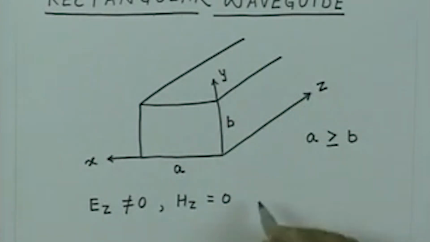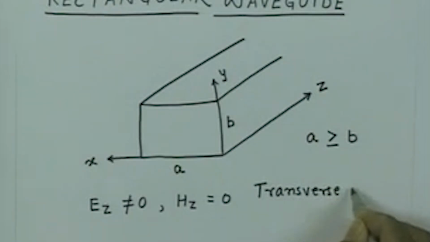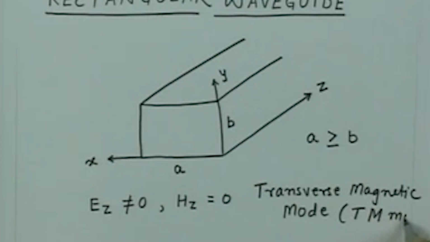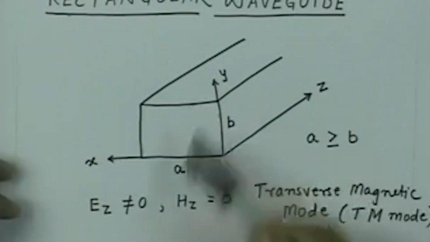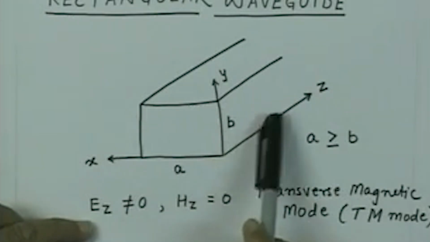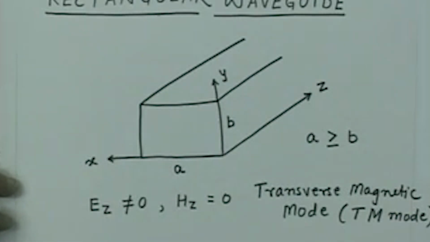So, this mode we can call the transverse magnetic mode, or as we called it earlier, in short the TM mode. So, let us investigate the problem for the transverse magnetic mode, for which the longitudinal component is only Ez and Hz is equal to 0.